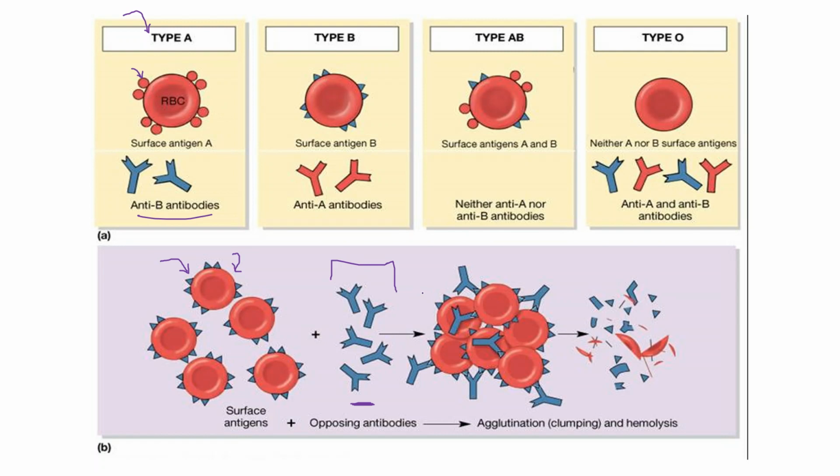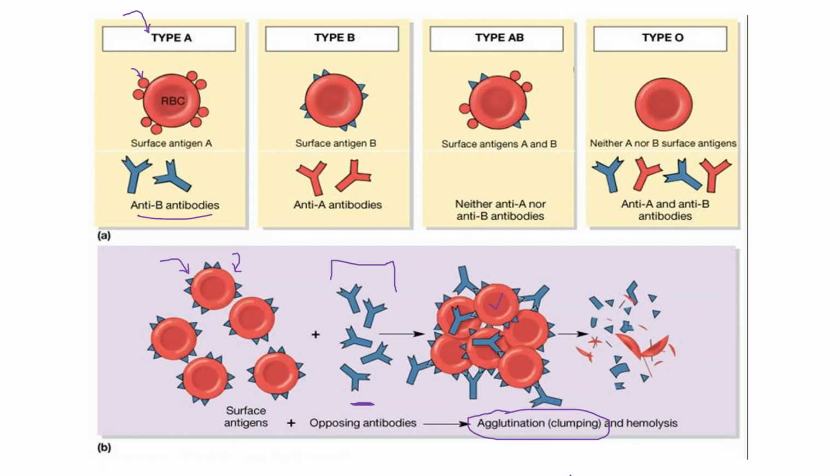Look what happens. The patient's antibodies are reacting with the donor red blood cells. These antibodies are attacking the red blood cells, and notice they're all kind of clumping up together. That clumping is called agglutination.